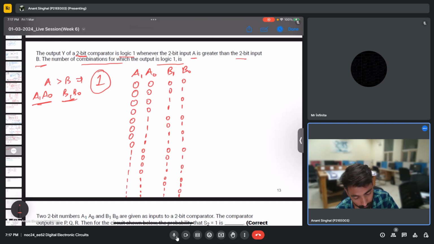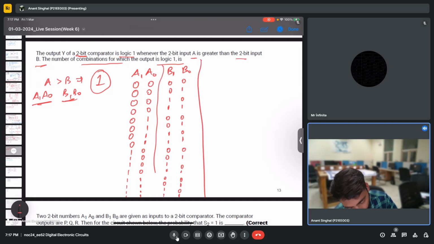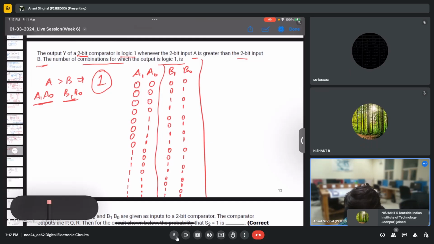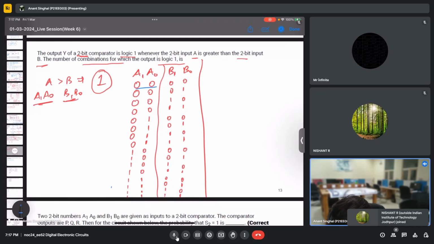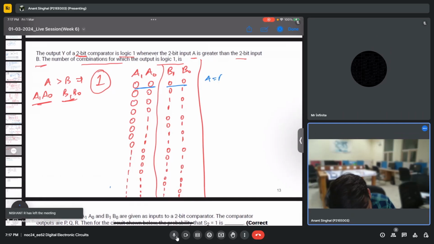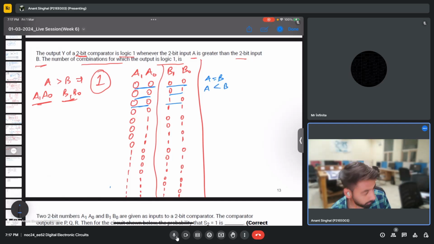Now you can clearly see we have certain cases when we will have equal numbers. So this is A equals B. This is A less than B. Similarly, we will have certain cases. So let me write in short.